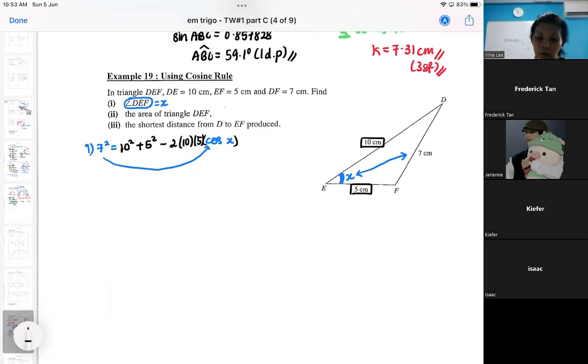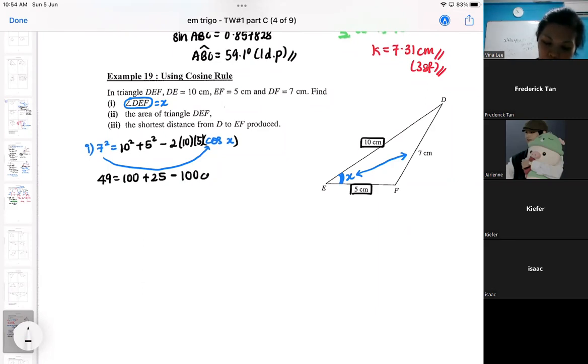You need to be careful because the cosine X is attached to a number, multiplied to a number. You don't press everything straight away. The common mistake is a lot of people will press everything straight away.